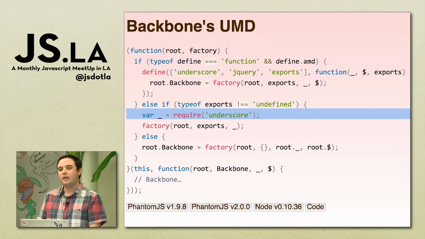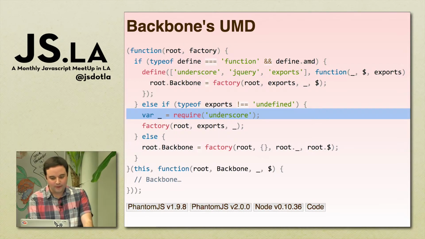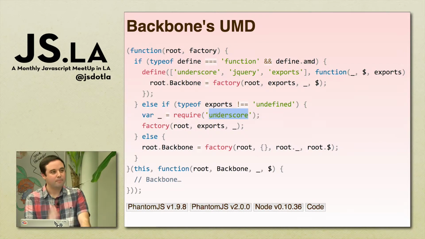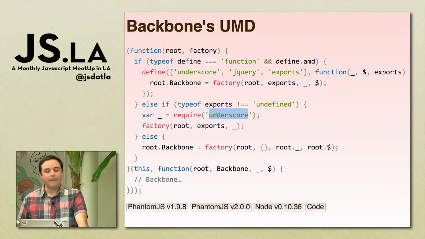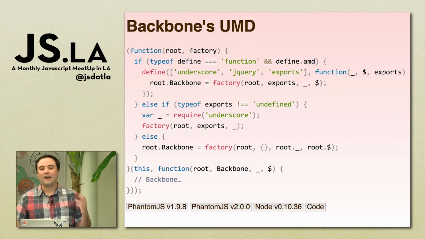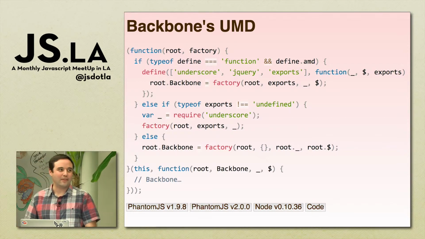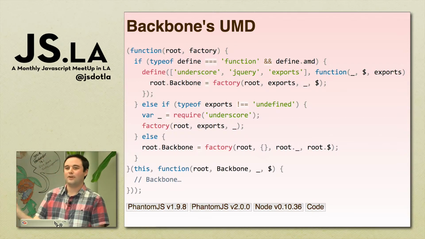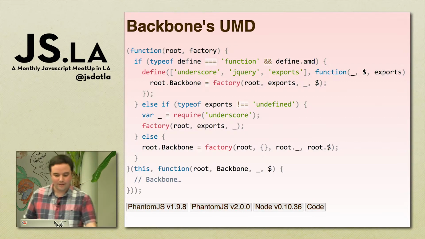With Phantom, you have to require a file that's relative to the file that you're in. There's no way that you can do underscore like that. You have to actually give it a path to underscore. But here in Backbone's UMD, it's expecting there to be just something named underscore. So that's not going to work unless you do something tricky like overwrite the require function with your own that knows how to get it.